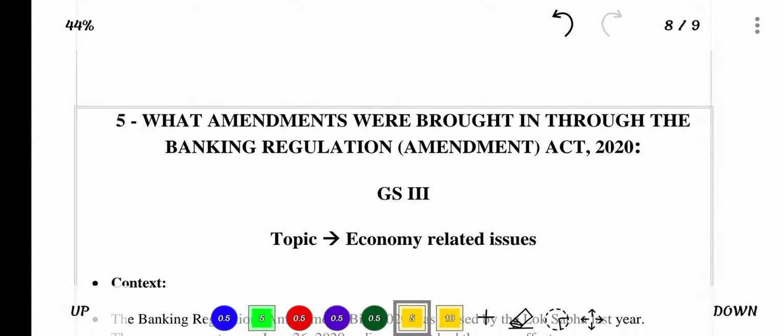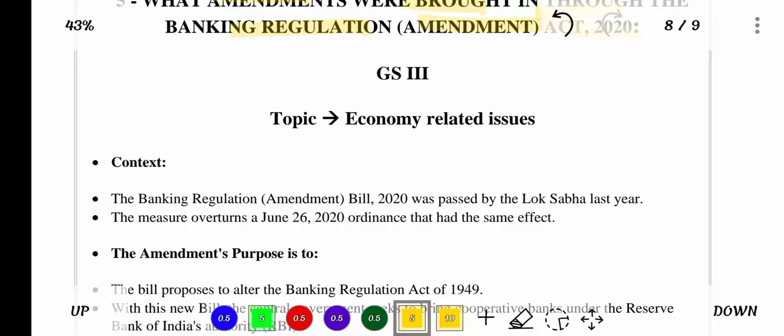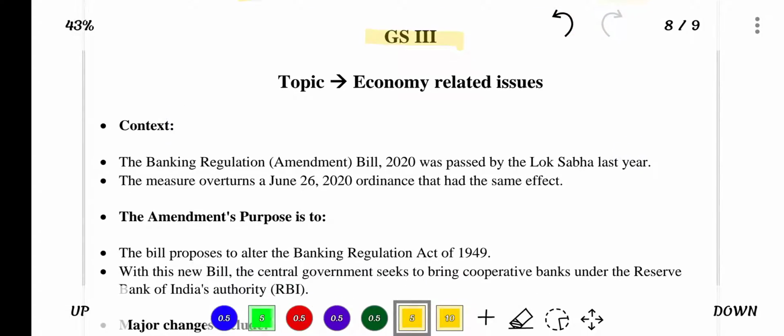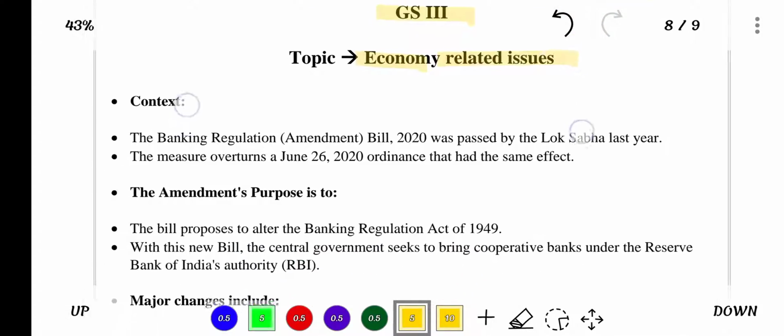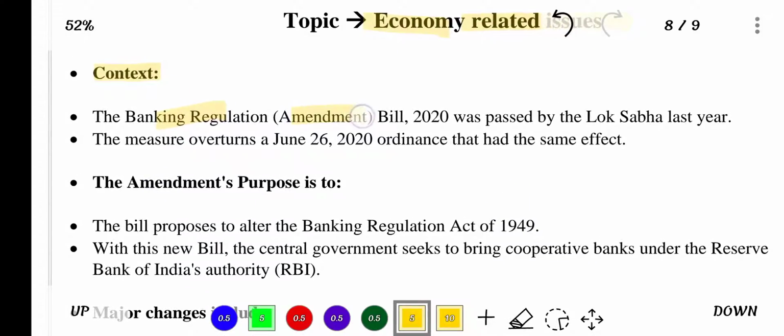Next is what amendments were brought in through the Banking Regulation Amendment Act 2020. So it is from GS paper 3 and the topic is economy related issues. So context: the Banking Regulation Amendment Bill 2020 was passed by the Lok Sabha last year.